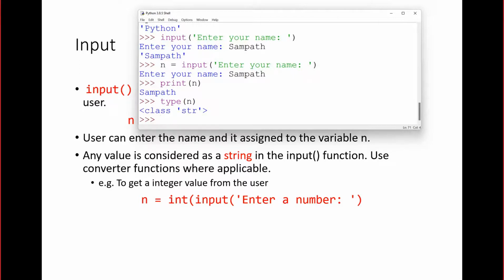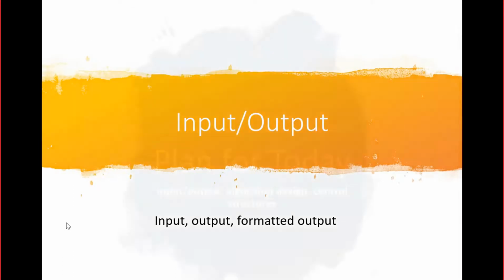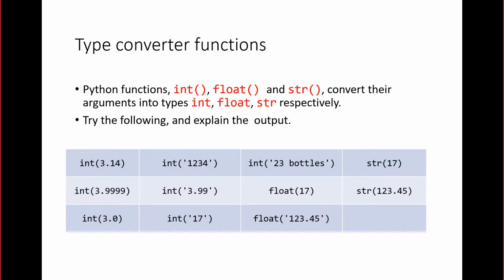Whatever number I enter, it is taken as a string value, which is not a good thing. So we need to convert this string to a number. That's why we discussed the converter functions previously, where you can convert between different data types. So you can use int, float, and string.